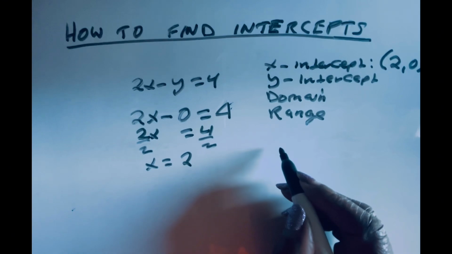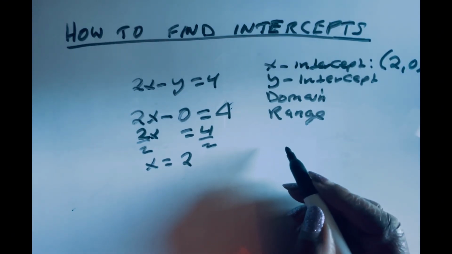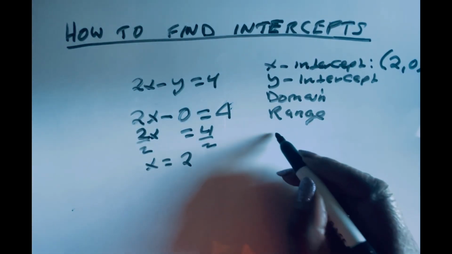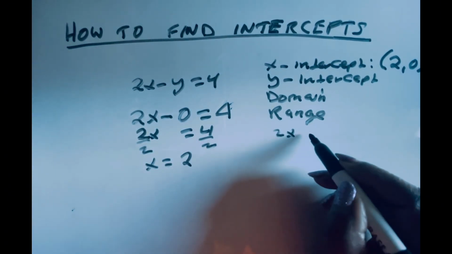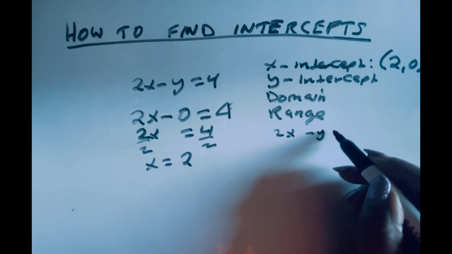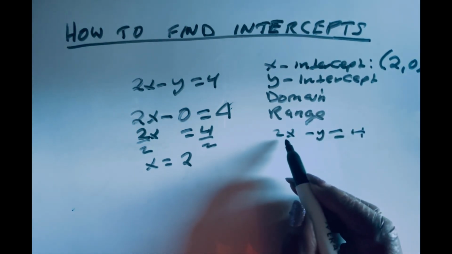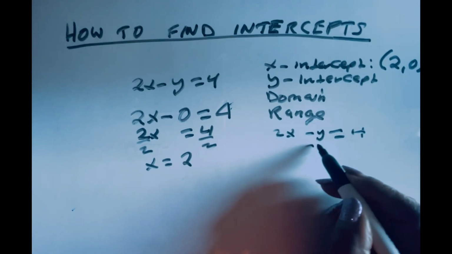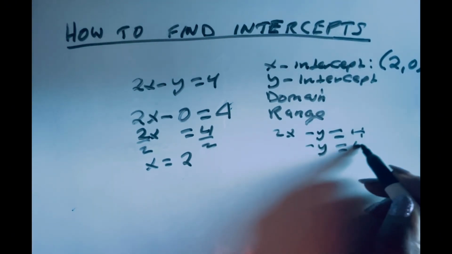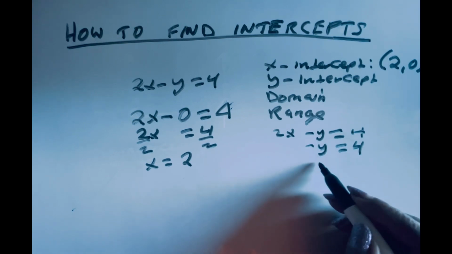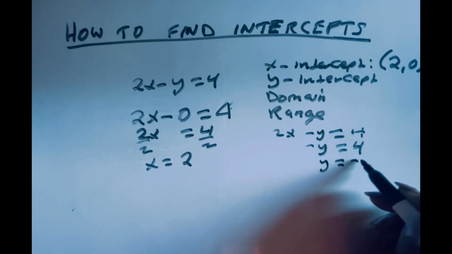To find the y-intercept, remember we are going to let our x be 0, and we know anything multiplied by 0 is 0. So if we let x be 0, now we have negative y is equal to 4, and if we divide by a negative number on both sides, y will be negative 4.